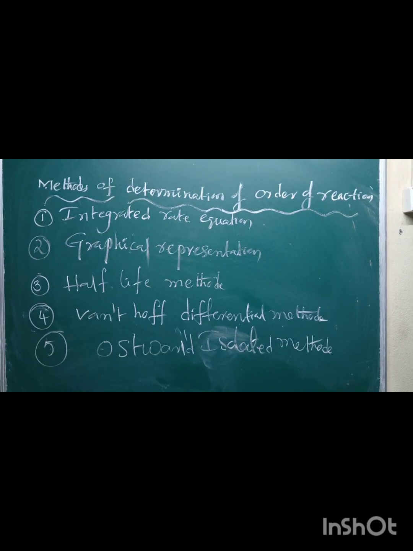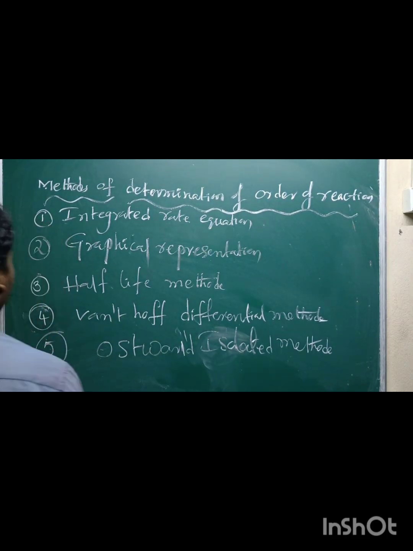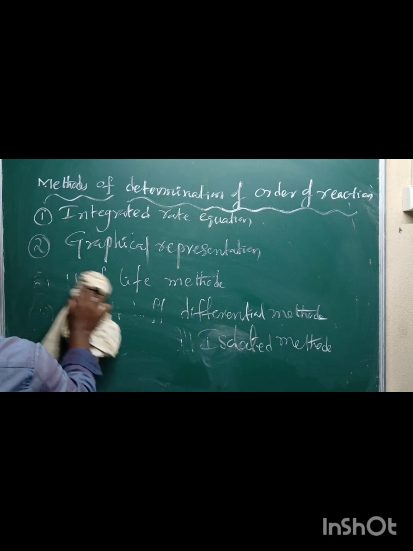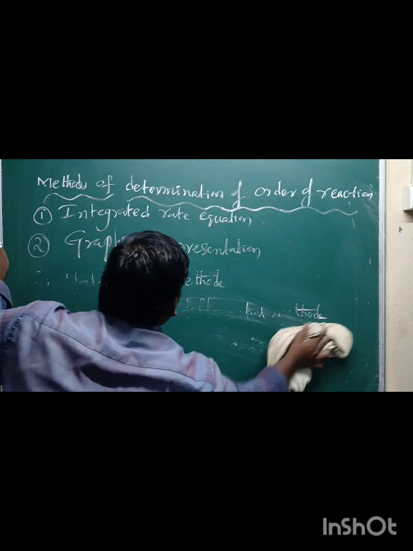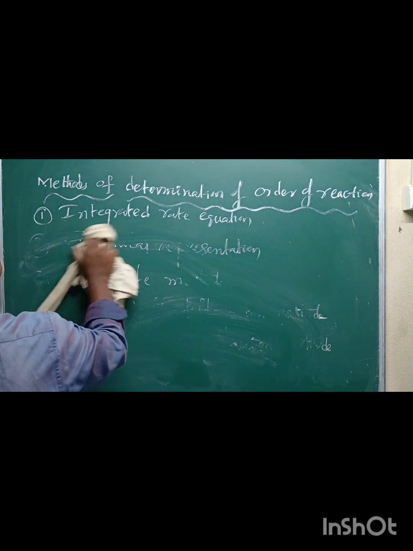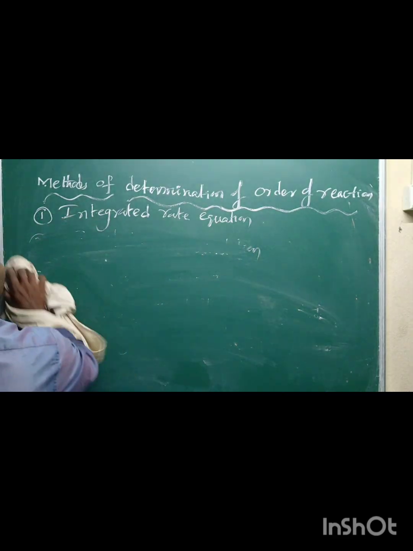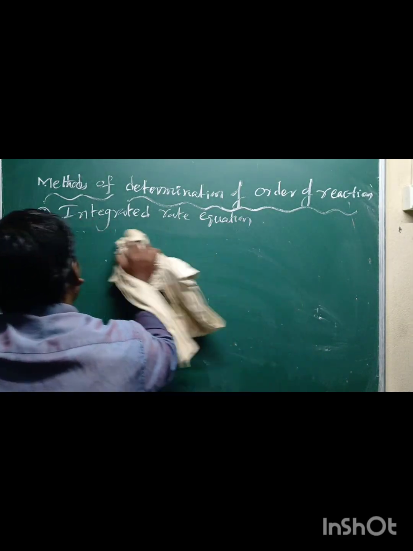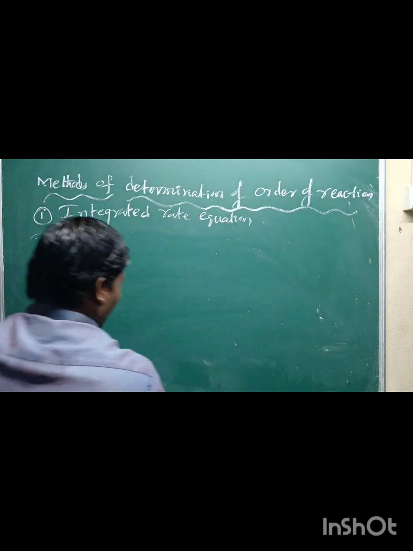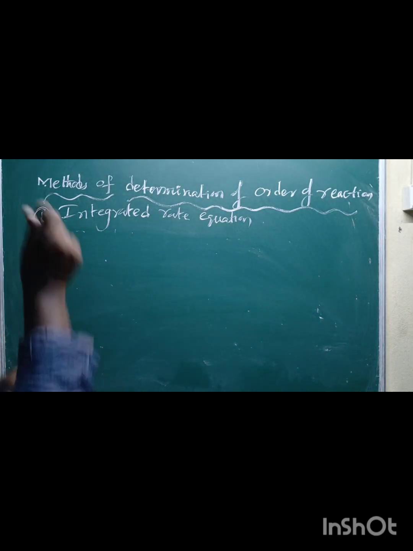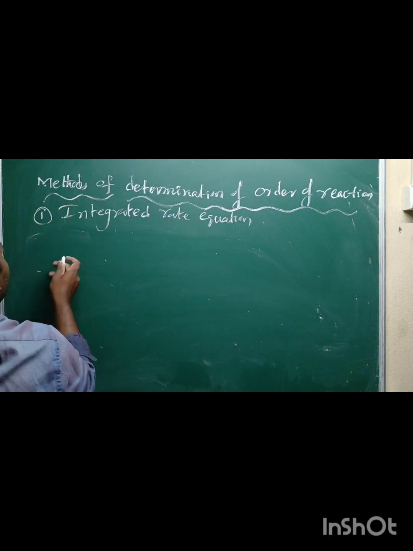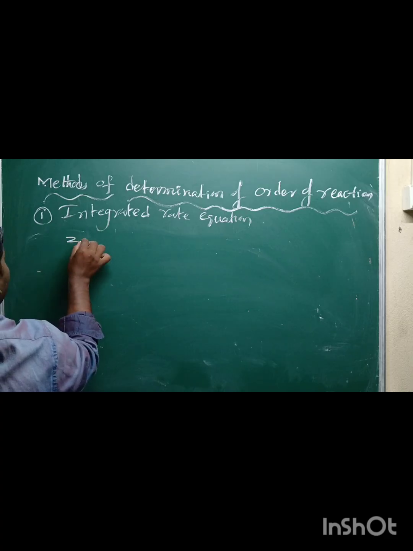Now we will discuss one by one. The first one is integrated rate equations of order. How do we determine the order? There are various types of order. The first one is zero order.